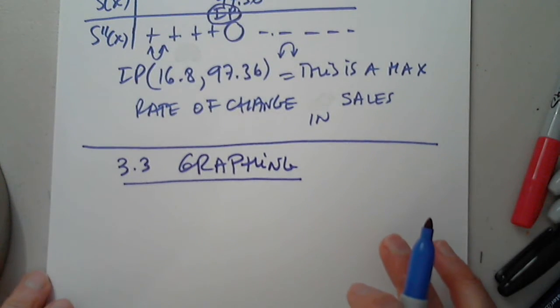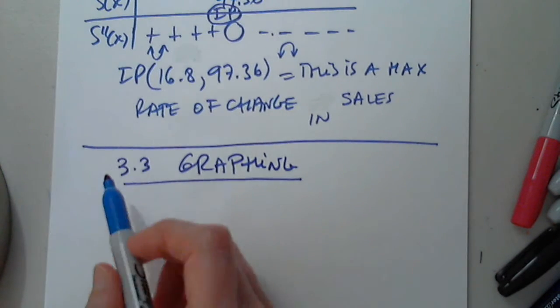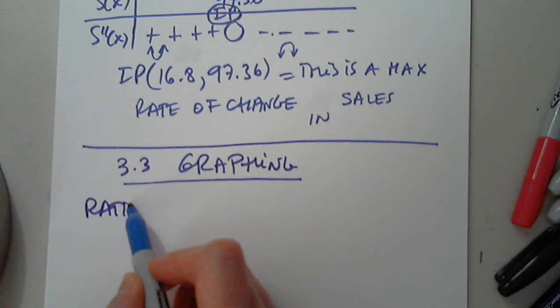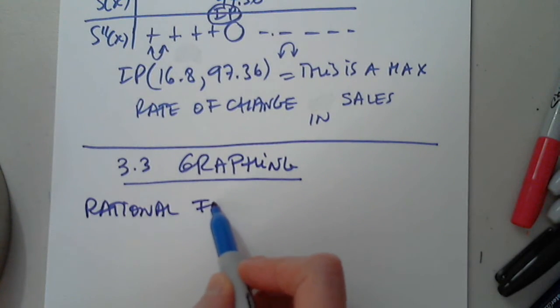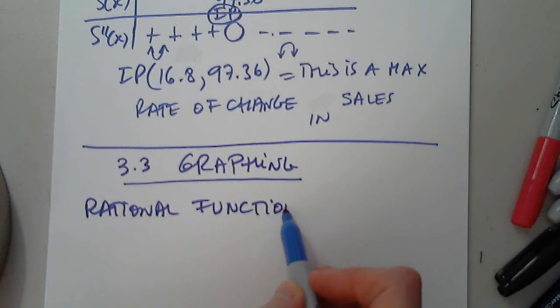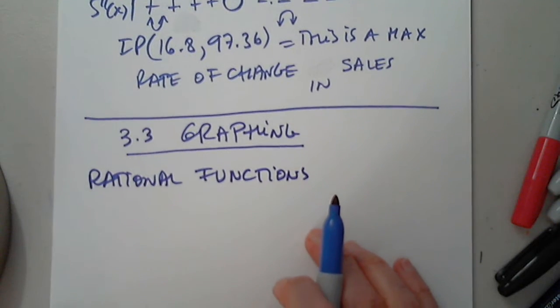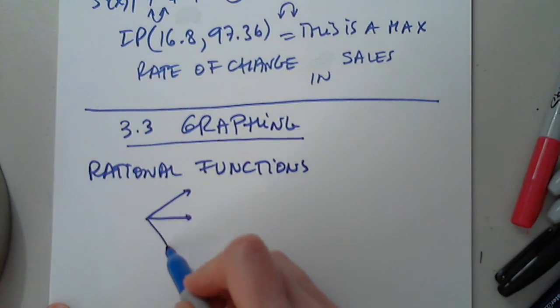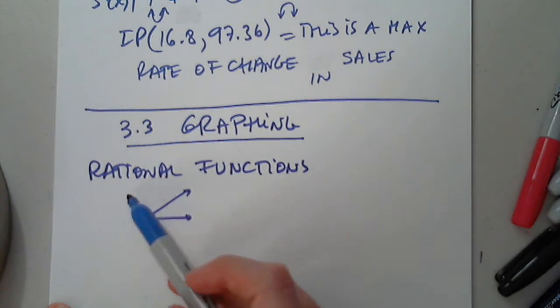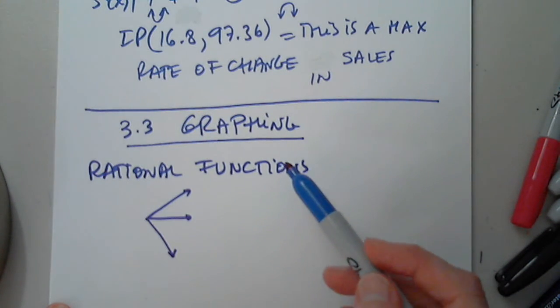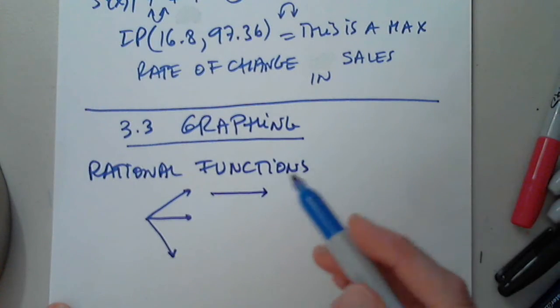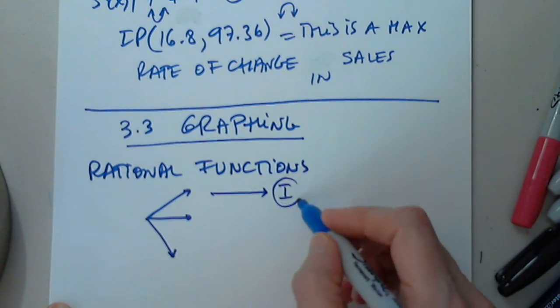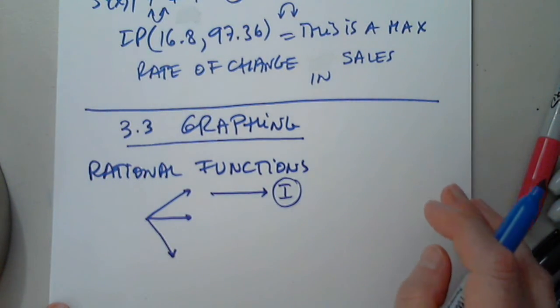Now, this particular section, as I mentioned, deals with rational functions. And we're only going to look at 3 different types. There are more than 3 types of rational functions. This one, I like to call it type 1. Nobody calls them type 1. You don't have to call them anything.